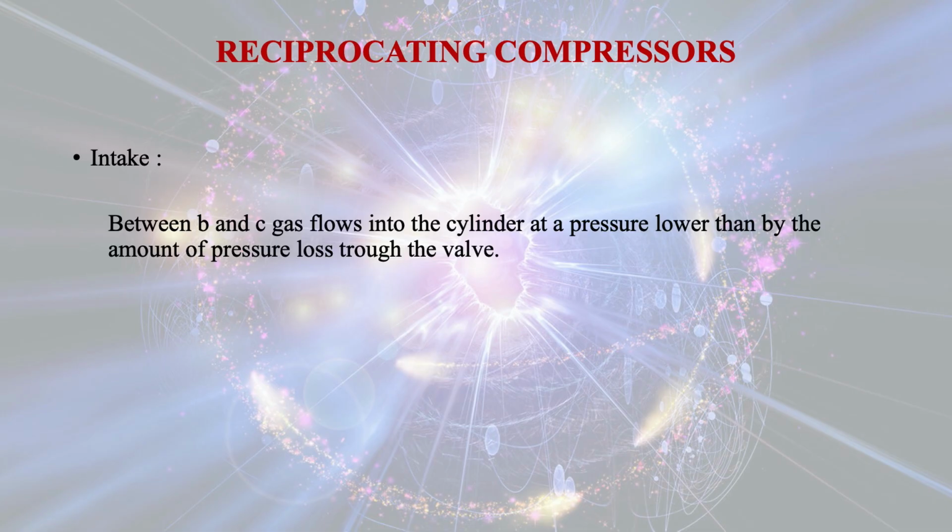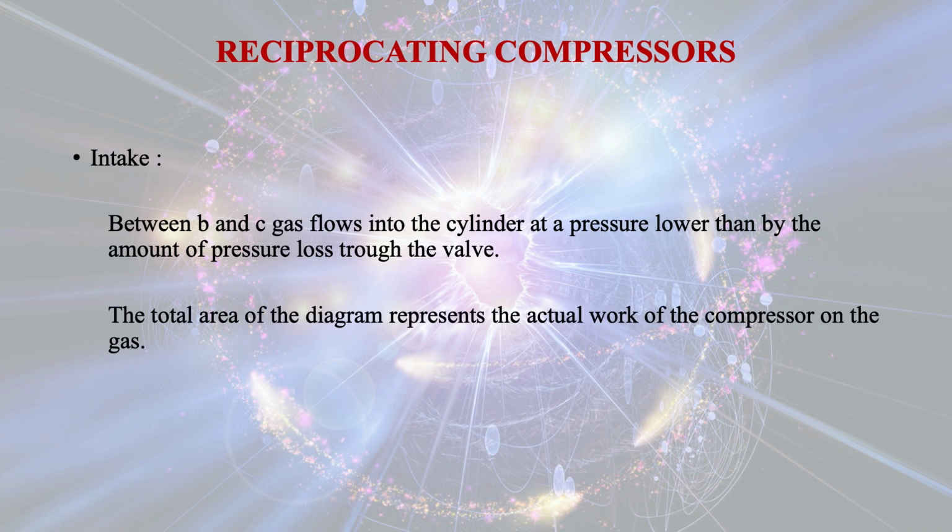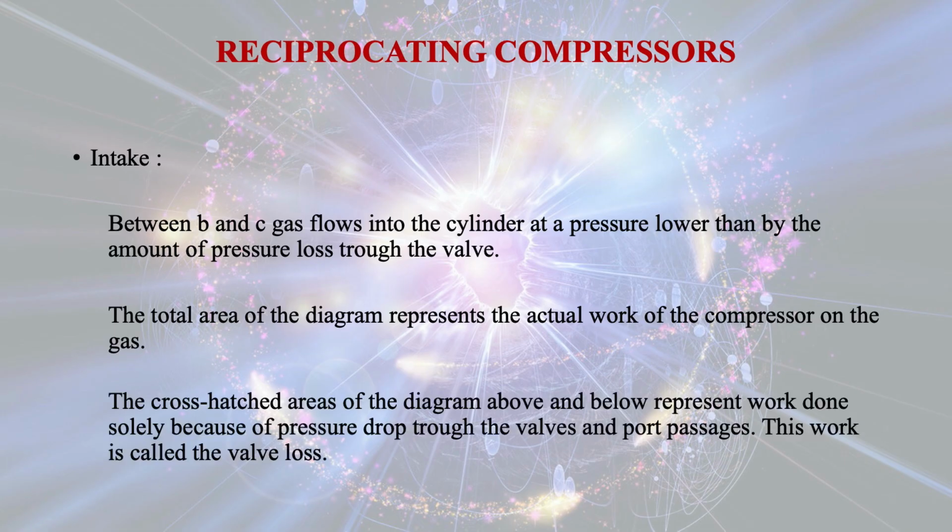Between B and C, the gas flows into the cylinder at a pressure lower than the inlet pressure by the amount of pressure lost through the valve. The total area of the diagram represents the actual work of the compressor on the gas. The cross-hatched area of the diagram above and below represents work done solely because of pressure drop through the valves and port passages. This work is called the valve loss.